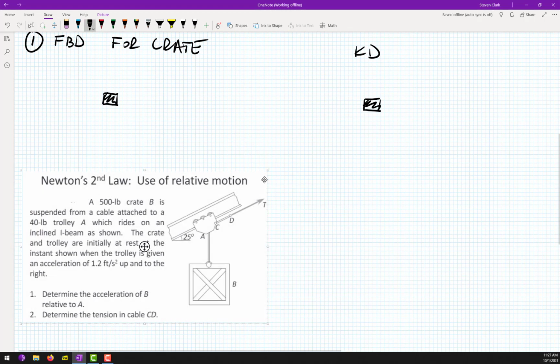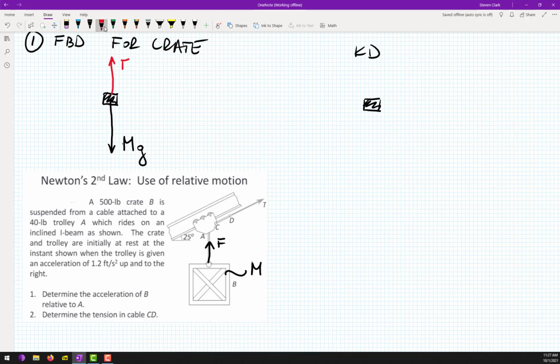So I believe that we have mg, big M, because this has capital M. mg, and also we have tension in that cable, F. Okay, so I'm going to put it here. Are there any other forces acting on our crate? That's all. Only two. Okay?